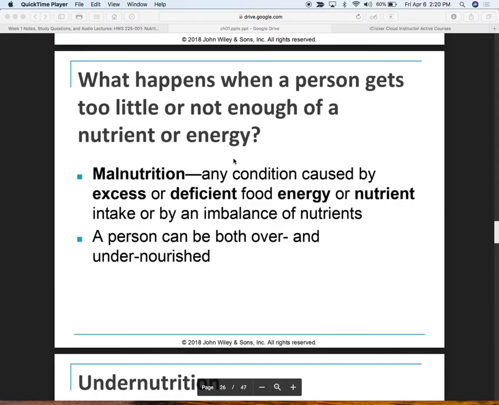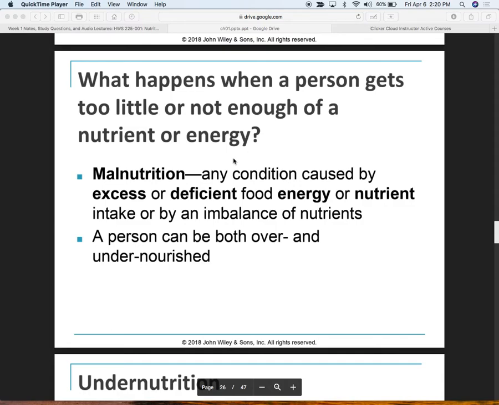Right? But that's one of the things that can happen when you have malnutrition. There's other issues. If you're under-consuming energy, there's both health issues, there's performance issues, there's a bunch of different things that we can consider.